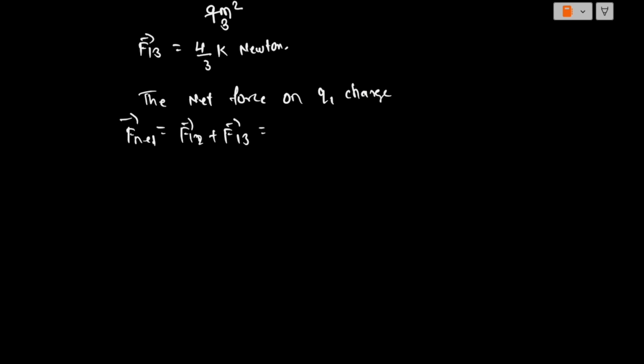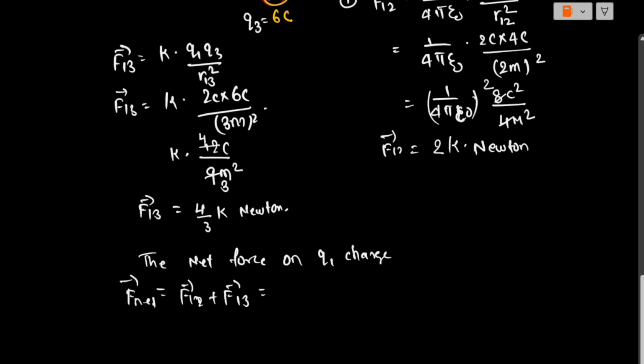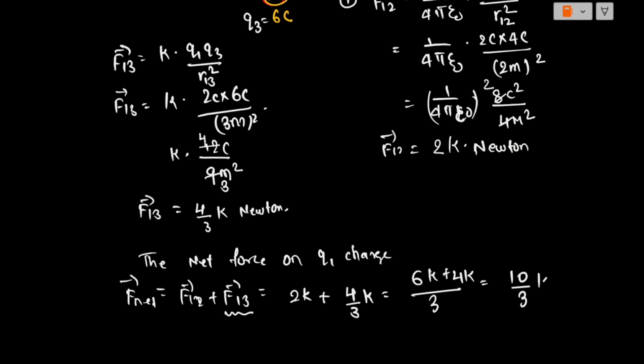So F12 is 2k Newton, plus the second force F13, which is equal to 4 over 3k. We can simplify it by using the addition of fractions. So this would be 6k plus 4k over 3. Now we can write it as 10 over 3k.